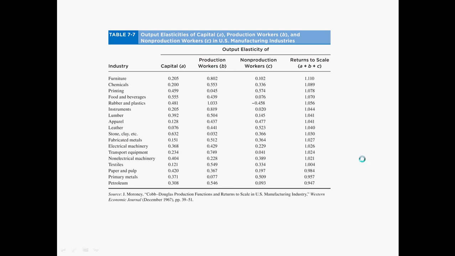Output elasticities. We talked about these before. So this is where you say if you increase one of the inputs by a certain amount, how much do you increase the output?